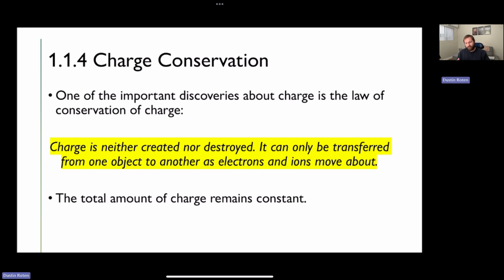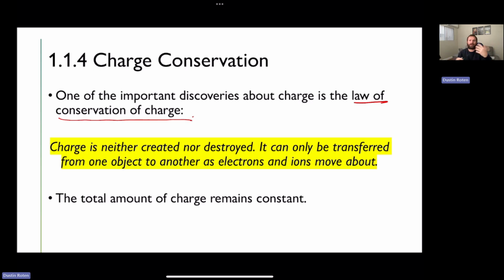This is the law of conservation of charge. So it turns out charge is neither created nor destroyed. It can only be transferred to one object from another as electrons and ions move about. So the number of electrons and the number of protons and everything, that stays the same. What happens is the total number in a system doesn't change, they just move around.